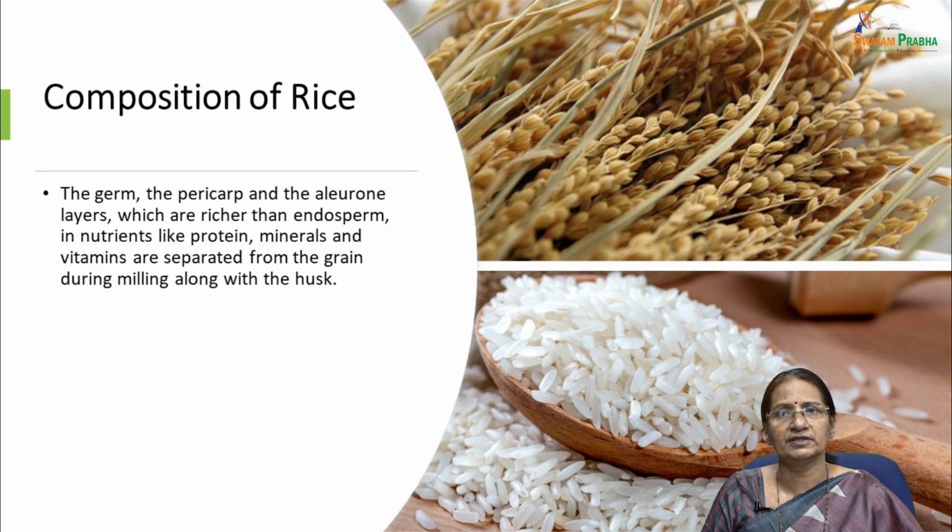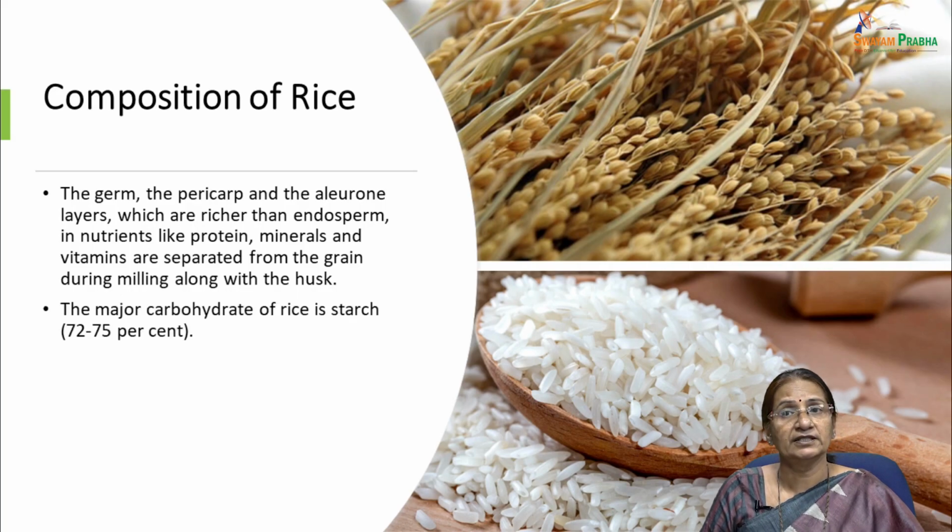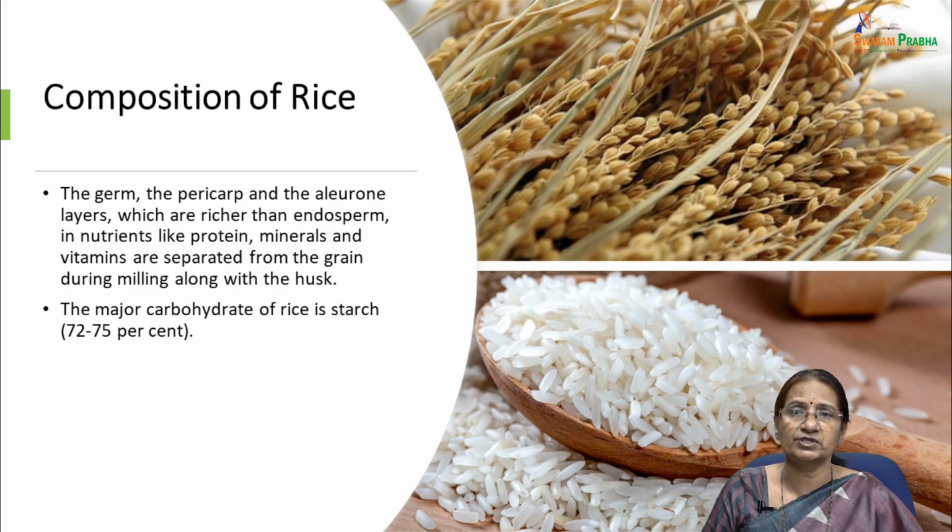The germ, the pericarp and the aleurone layers, which are richer than endosperm in nutrients like protein, minerals and vitamins, are separated from the grain during milling along with the husk. The major carbohydrate of rice is starch, that is about 72 to 75%.